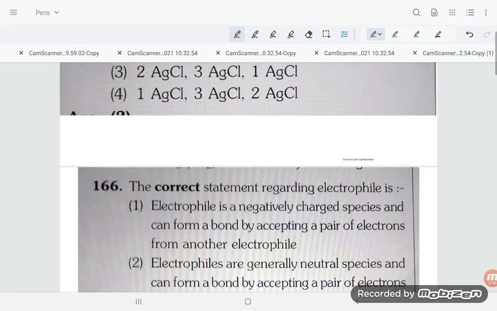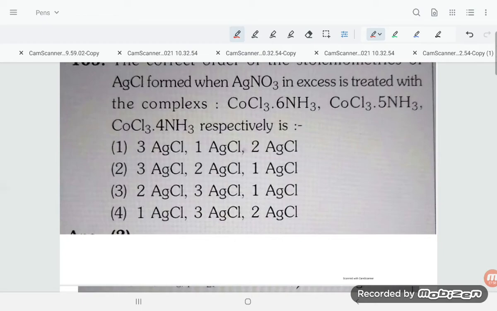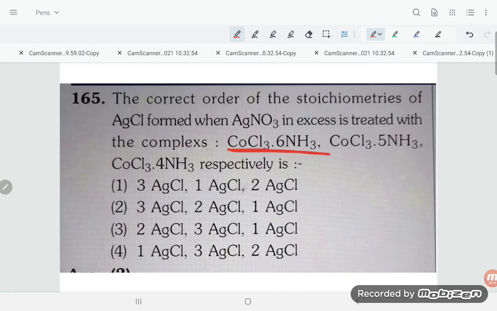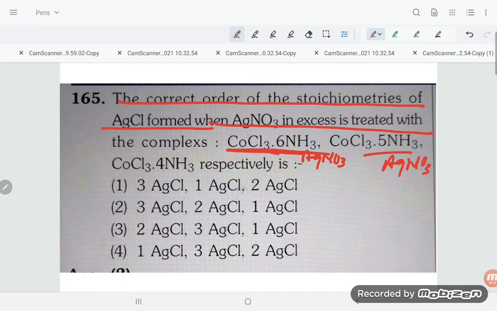If you are treating with AgNO3, and there are 3 Cl, then 3 AgCl will be obtained. Here also 3 AgCl will be obtained.